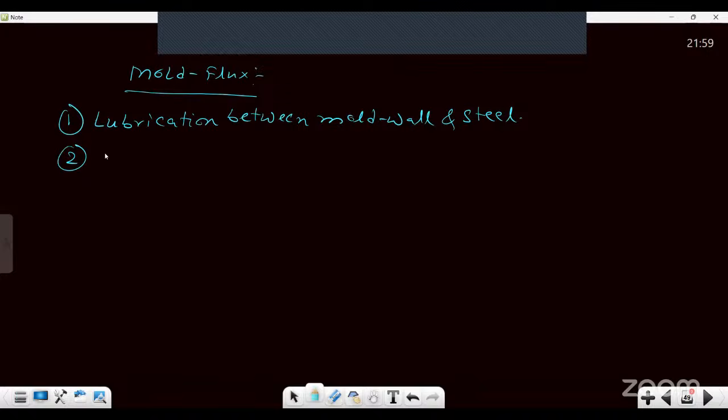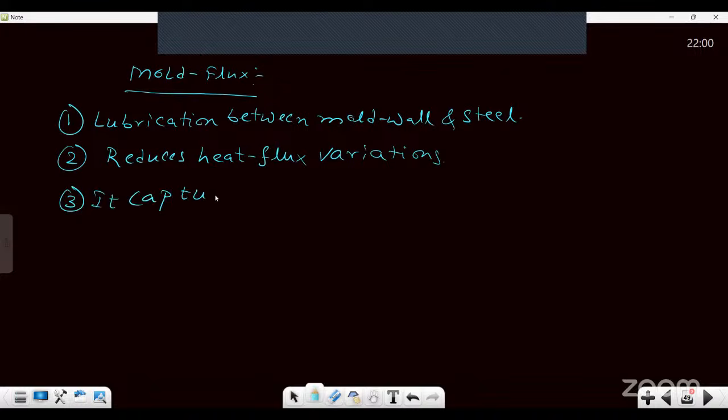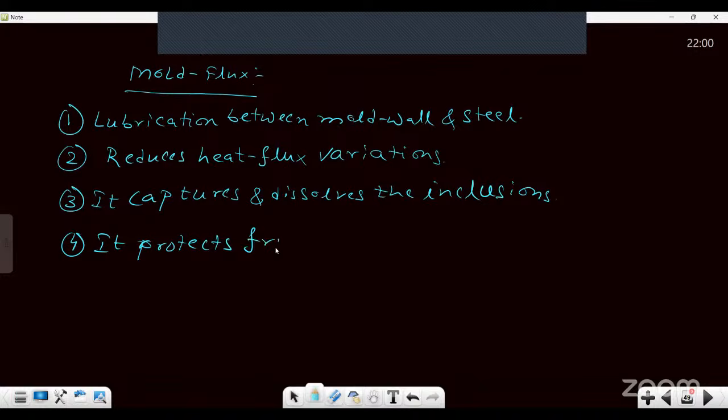Second, it reduces heat flux variations, captures and dissolves the inclusions, protects from reoxidation, and provides thermal insulation.